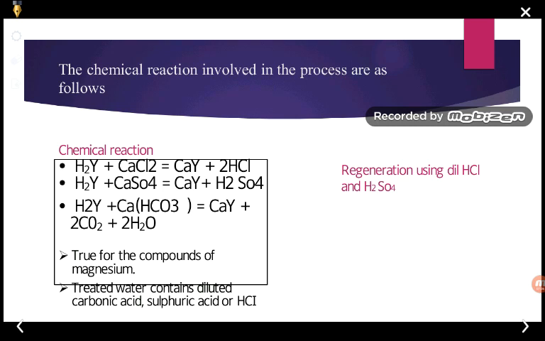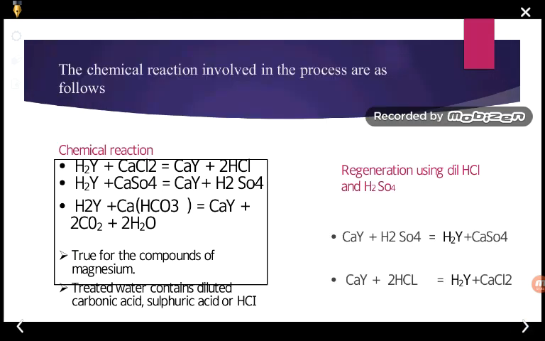Next, after some interval of time, the hydrogen content of the substance is exhausted, and it is then regenerated by passing a solution of suitable strength of sulfuric acid or hydrochloric acid, and the chemical reaction will be as follows.